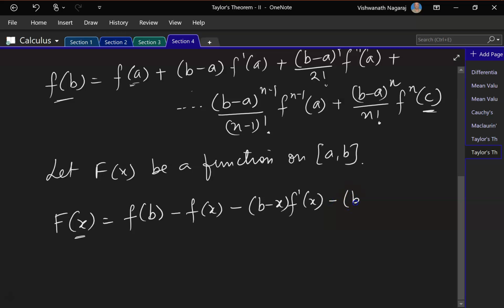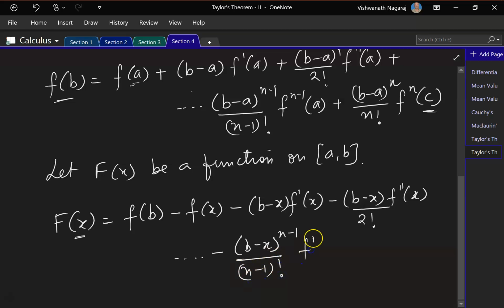Minus b minus x f double prime of x by 2 factorial, and so on, and you will have minus b minus x to the power of n minus 1 by n minus 1 factorial times the n minus 1th derivative, minus A times b minus x to the power of n.